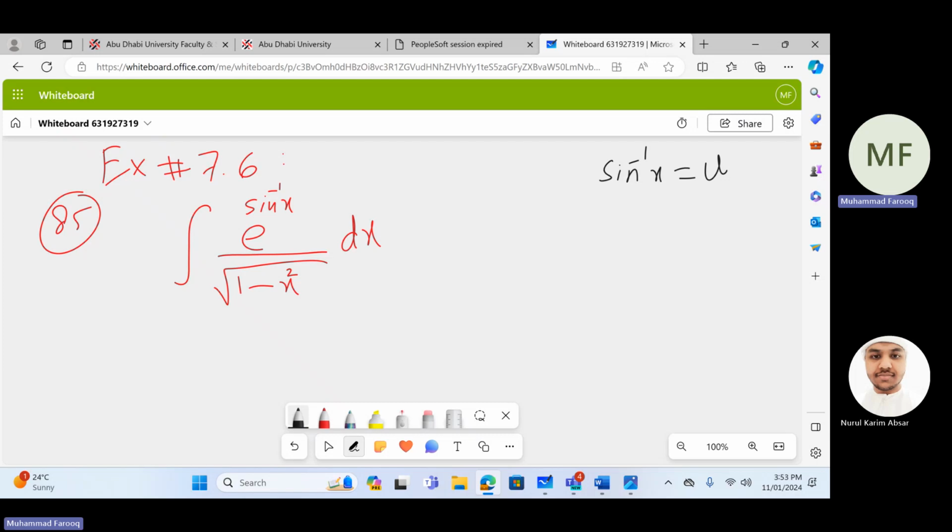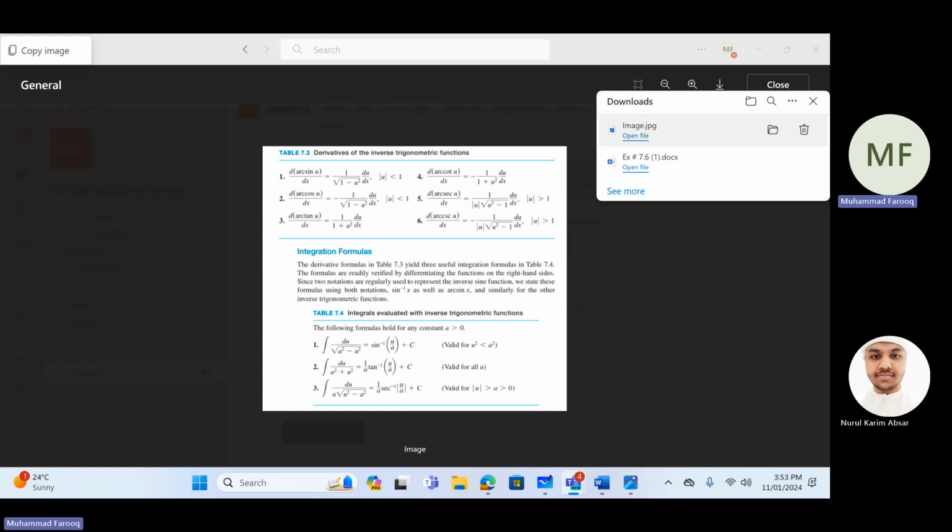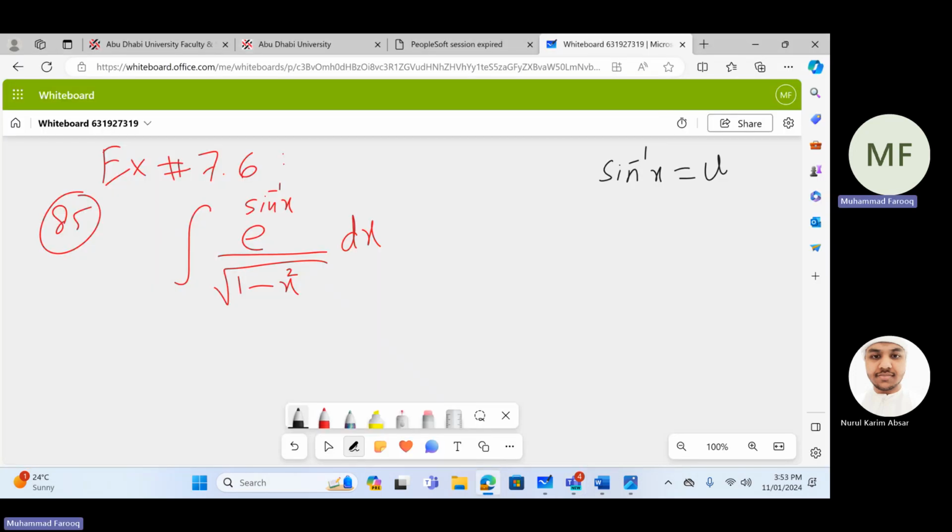You already have the formula sheet of sine inverse derivative, so go back to the formula sheet and check what the formula for sine inverse derivative is. It is 1 over the square root of 1 minus x squared times u derivative. Applying this, we get 1 over the square root of 1 minus x squared times x derivative, which is 1, so it's dx.